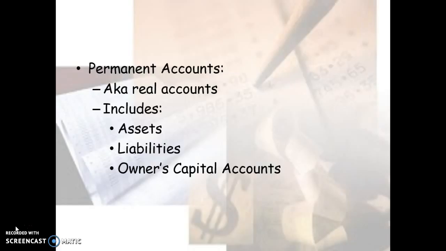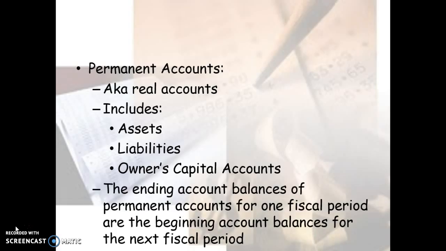So these are the group of accounts that we will not be getting to a zero balance. So at the end of the fiscal period, whatever our balance is for one of these accounts, that's going to be our beginning balance for the next fiscal period. So if you think about cash as an asset, and if you have $10,000 at the end of one fiscal period, you're not going to get rid of that. You're going to start the next fiscal period with $10,000 as well.